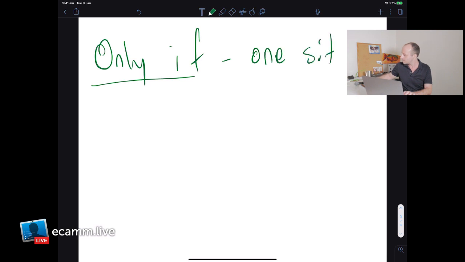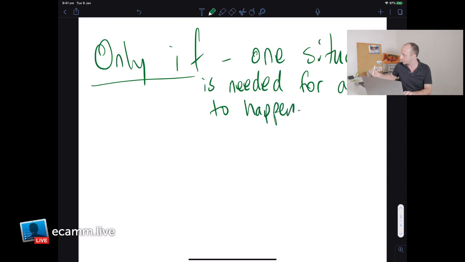What it means is one situation is needed for another to happen. One situation is needed for another situation to happen. And this often happens when people offer you things. Not only, but often.